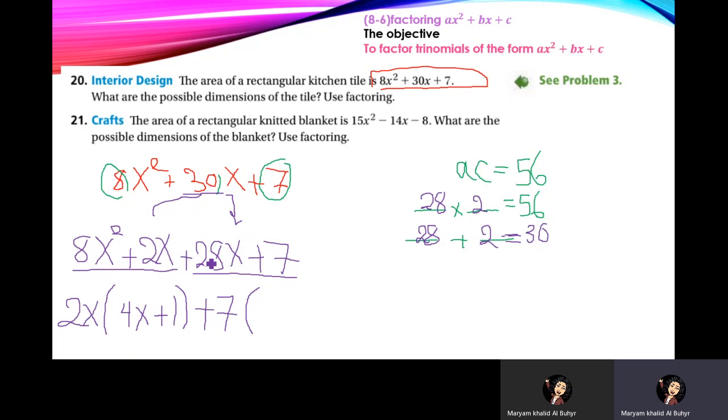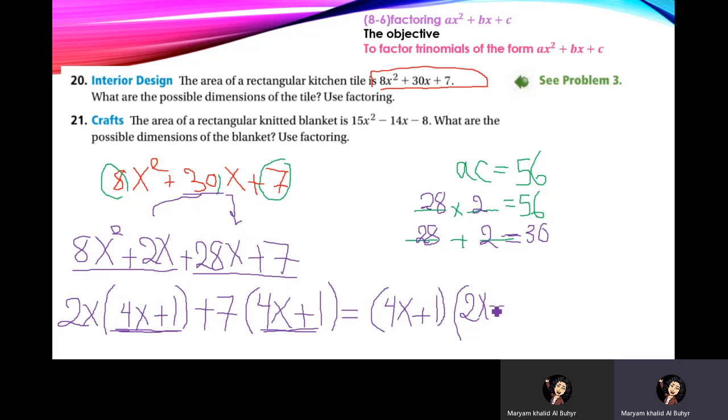The remaining inside is 4x plus 1, since you already took 7 outside. Now you have exactly the same expression as this one. You can take it again as a common factor, so that will be 4x plus 1 times the remaining 2x plus 7.